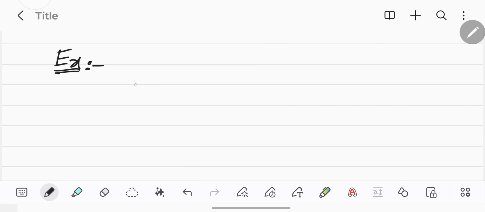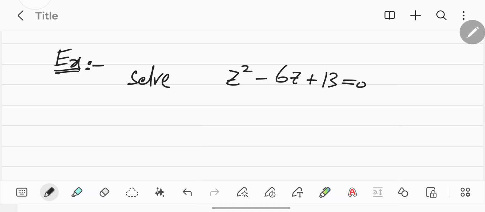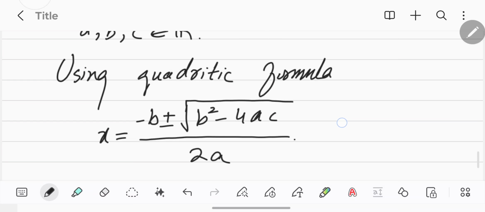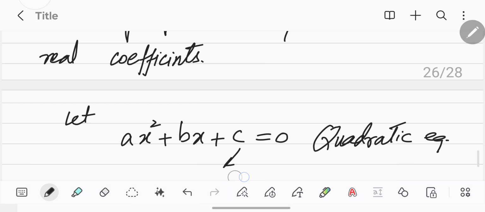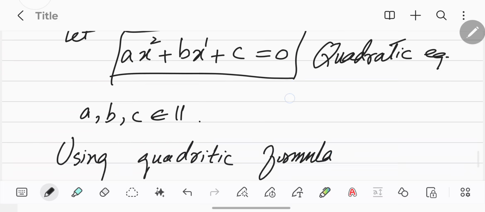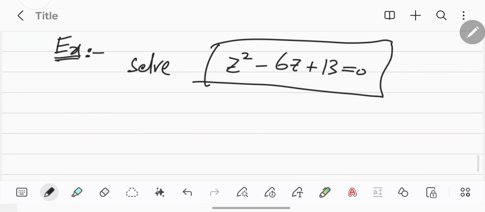Now look at an example. In this example, we have to solve z square minus 6z plus 13 equals 0. Here, if I compare this quadratic equation with the general quadratic equation, the coefficient of the power 2 term is a, the coefficient of the power 1 term is b, and the term with no variable is c.